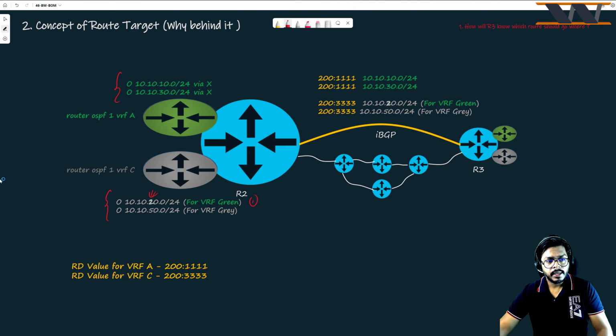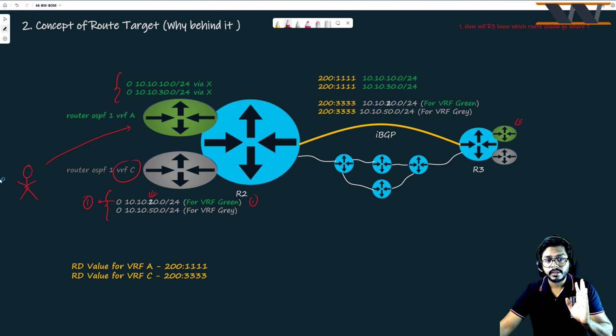The problem is Mr. Prashant Patil is adding some restrictions now. He's saying that the VRF-A route should go into the VRF-A of router R3, but I have a special VRF, which is VRF-C, and I want the first route of this VRF to go only into the green VRF at the destination.